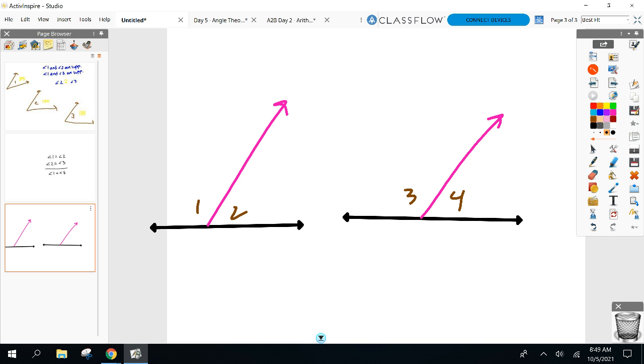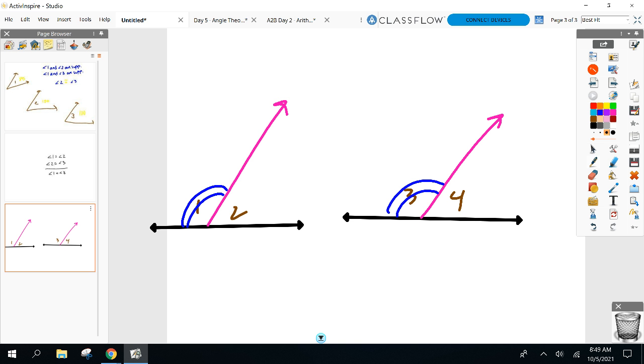Everyone, what do you know about angles 1 and 2? Supplementary. What do you know about 3 and 4? Okay, ready? I'm going to change it up a little bit now. 1 is congruent to 3. Can you make a conclusion? 2 is congruent to 4.